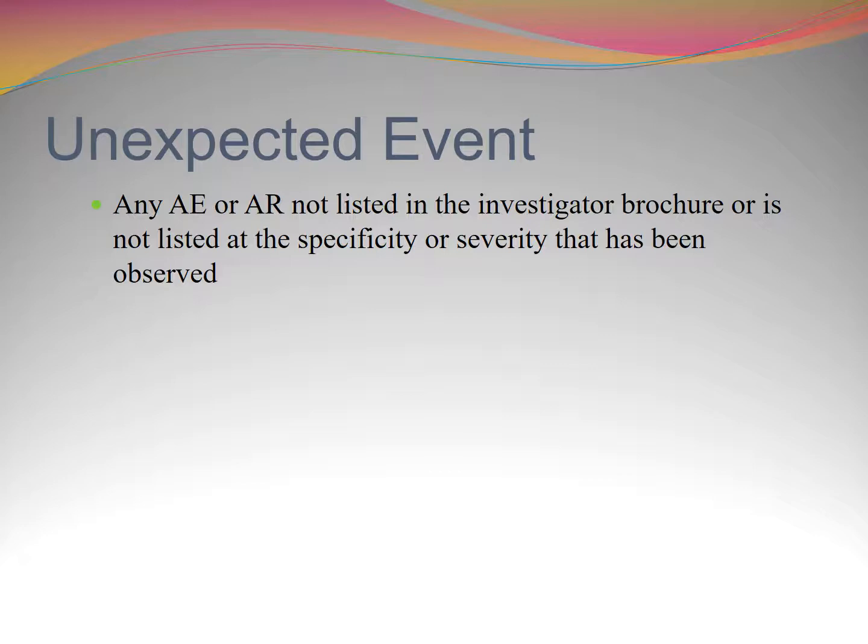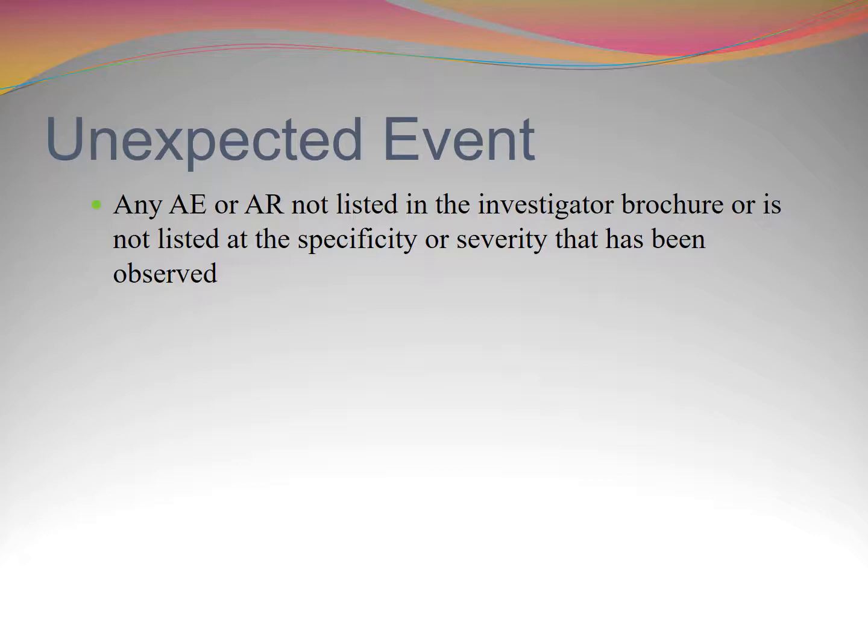So if there have been people that developed asthma with this investigational drug, and they're listed as grade 1 respiratory problems, but your participant has developed asthma that's required him to be in the intensive care unit on a ventilator, even though that's an adverse event that's already been noticed in the investigator's brochure, if it's more severe, then that becomes unexpected.